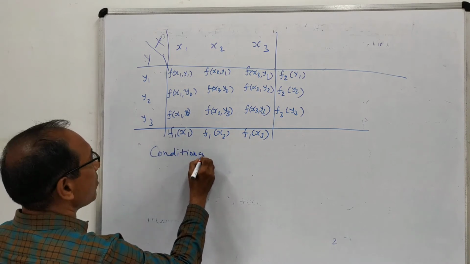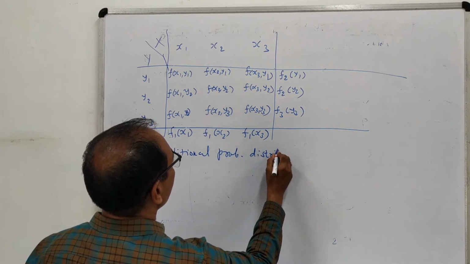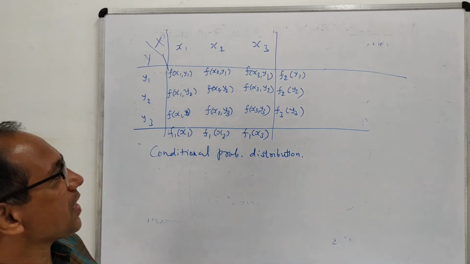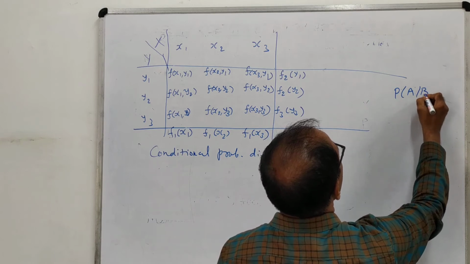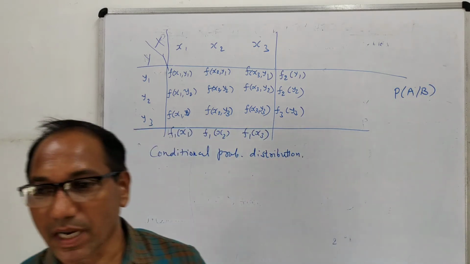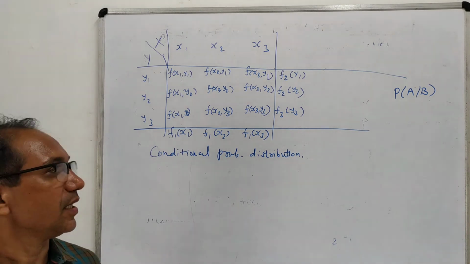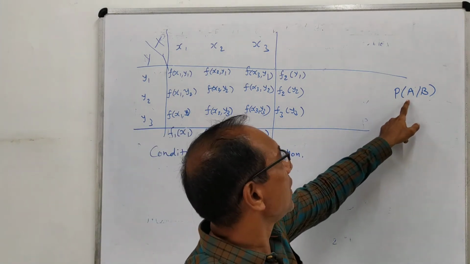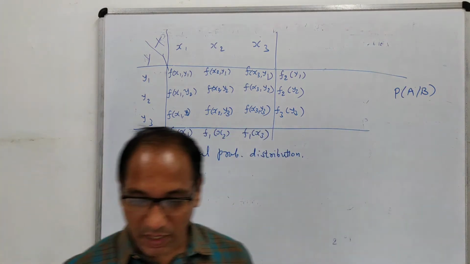You must know from the last lectures that we have already defined conditional probability in this way: probability of A given B. That means B happens first, and after B has happened, we find the probability of A. This is the probability of A, but it depicts that B has happened first.